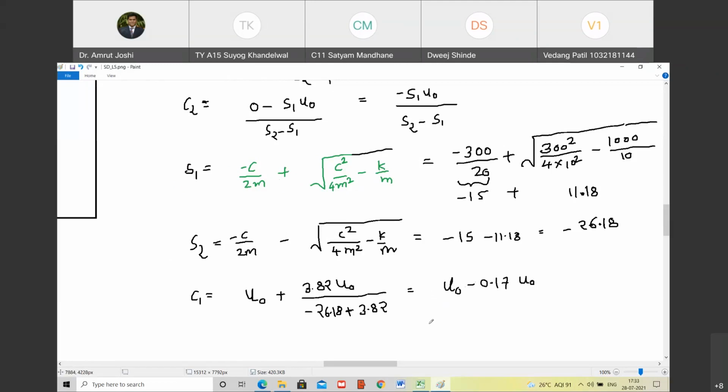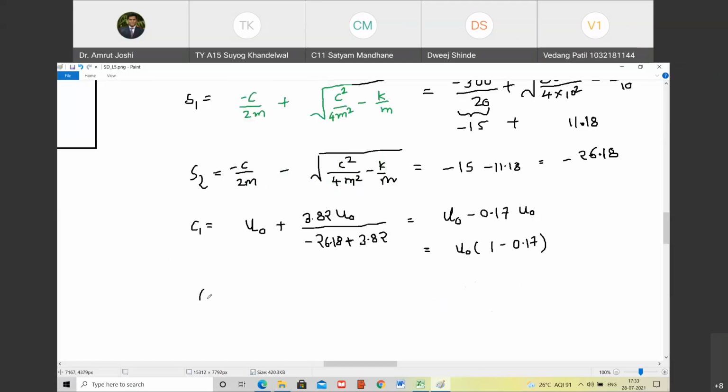But U0 can be taken common now. So it is going to be U0 into bracket 1 minus 0.17. So what is 1 minus 0.17? 0.83. So C1 is 0.83 times U0. Done.